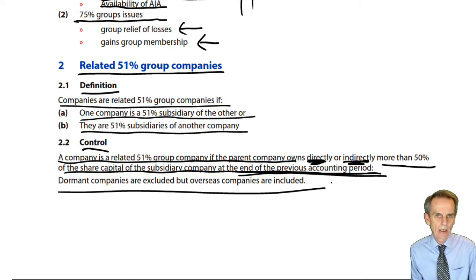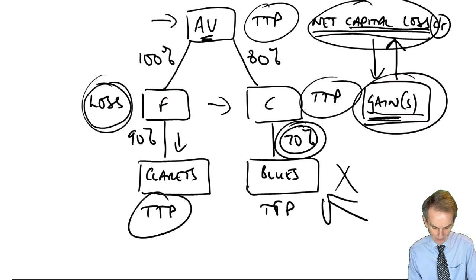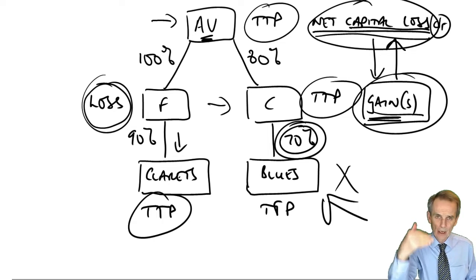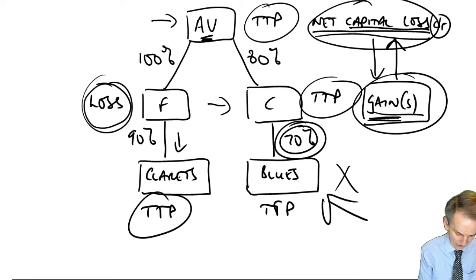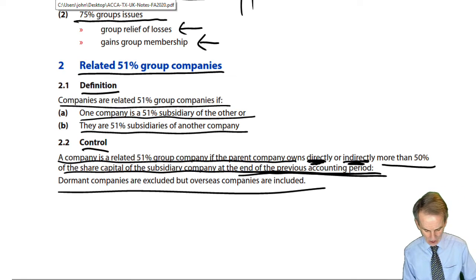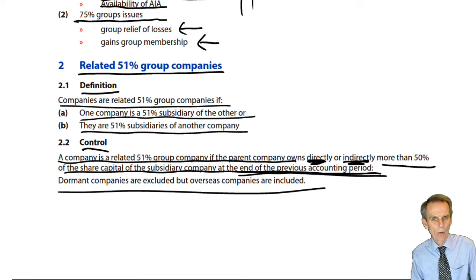Again, you may get an objective testing question with a group structure shown, something like, well, without all the extra detail here, of ours there with AV, companies F and C, clarets and blues there. So we've got parent company, direct and indirect subsidiaries. And we have to define in the context of, here are related 51% group companies, how many related 51% group companies there are.